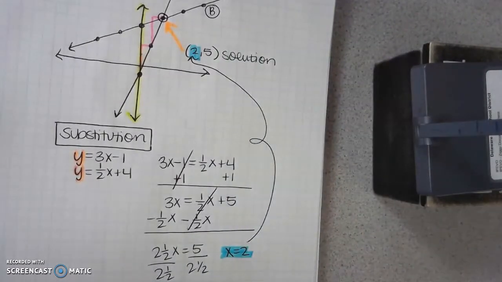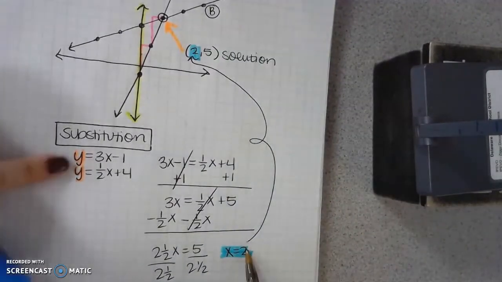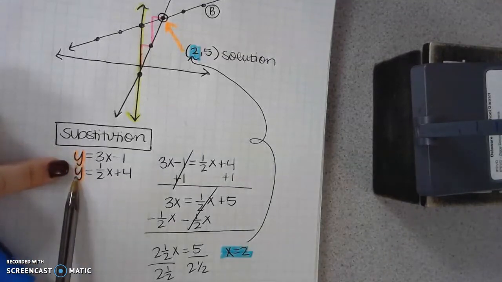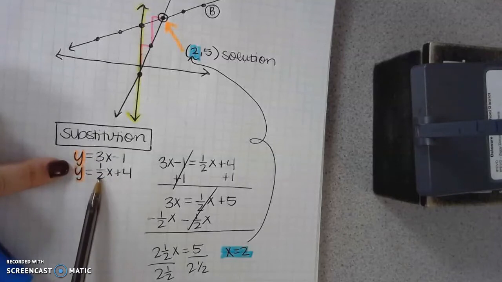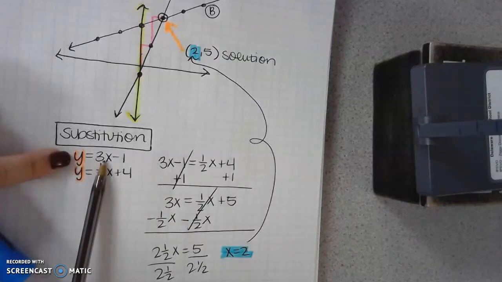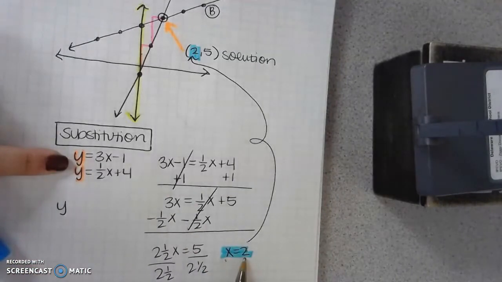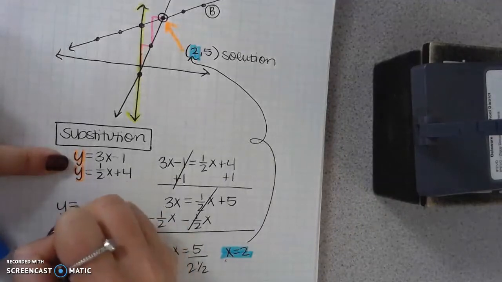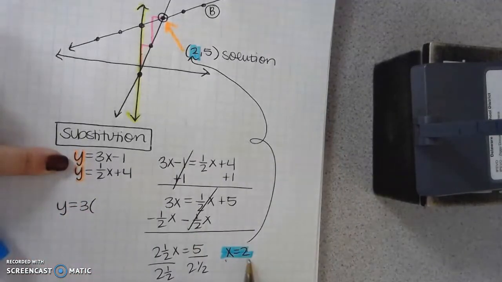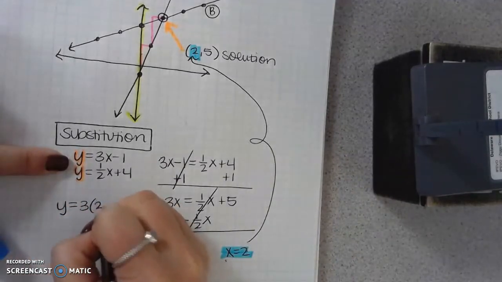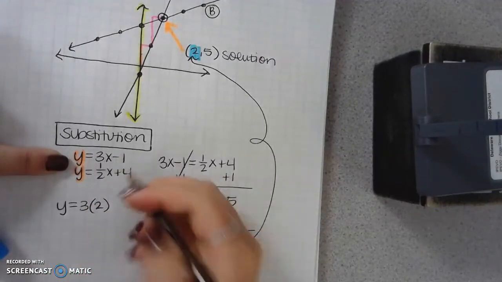And then we can find y also because we have two things up here that tell us what y is. So you can pick whatever you want. I don't want to work with a fraction, so I can do this one. This will tell us y, because obviously in a coordinate we need an x and a y. So I found half of my answer right now. So y equals 3, and then my x value is 2, and then minus 1.